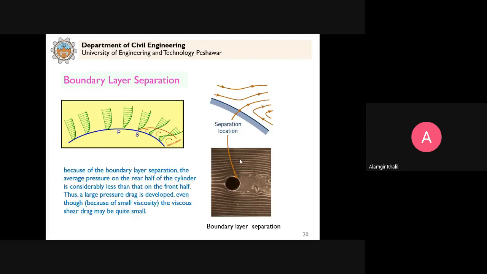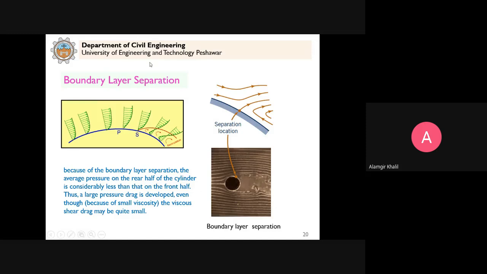Clear? So you can see in this diagram that because of the boundary layer separation, which is shown here, the average pressure on the rear half of the cylinder is considerably less than that on the front half. Thus, a large pressure drag is developed, even though, because of small viscosity, the viscous shear drag may be quite small.